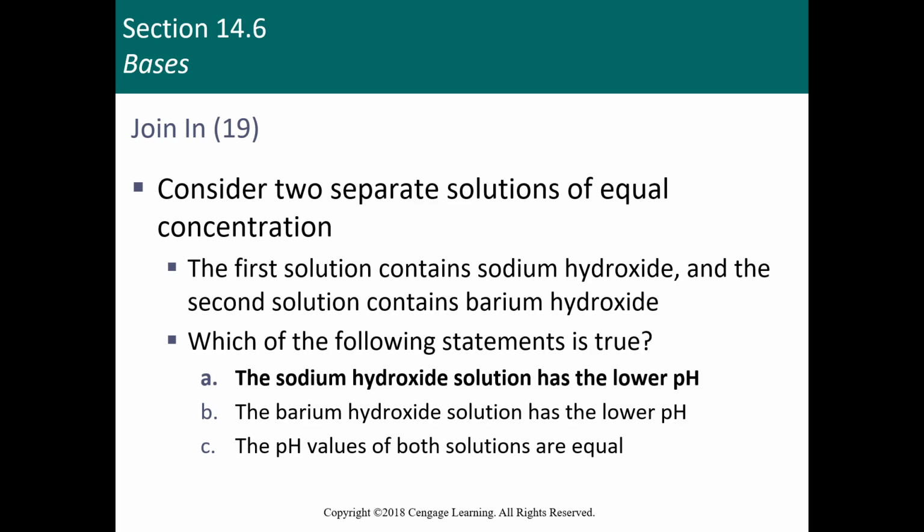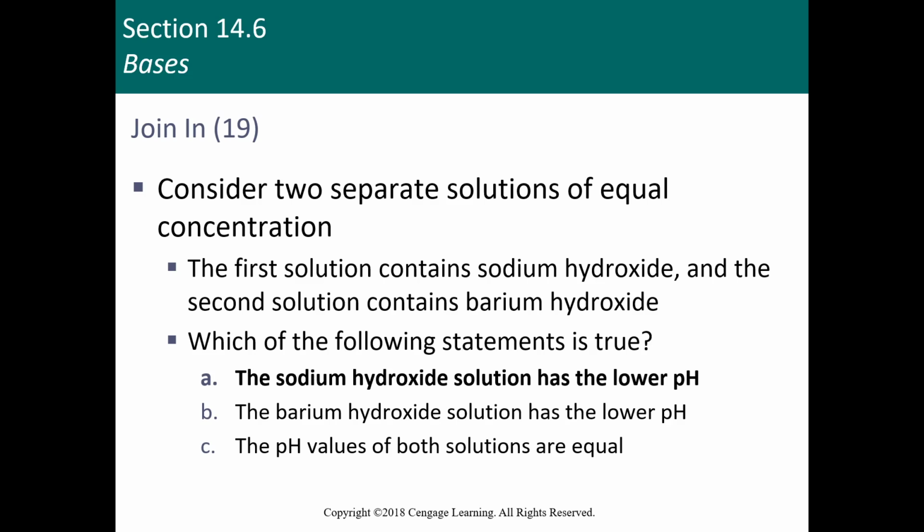Why would that be? Well, remember again, you're adding bases here, okay? And so this is a base, this is also a base. These are both strong bases, in fact. If you looked at your periodic table, you'd see those are groups 1 and 2. Now, the sodium hydroxide, though, is only going to have one OH per sodium.